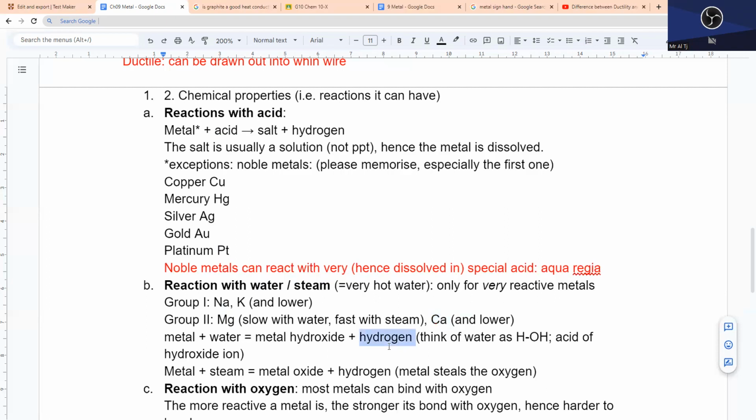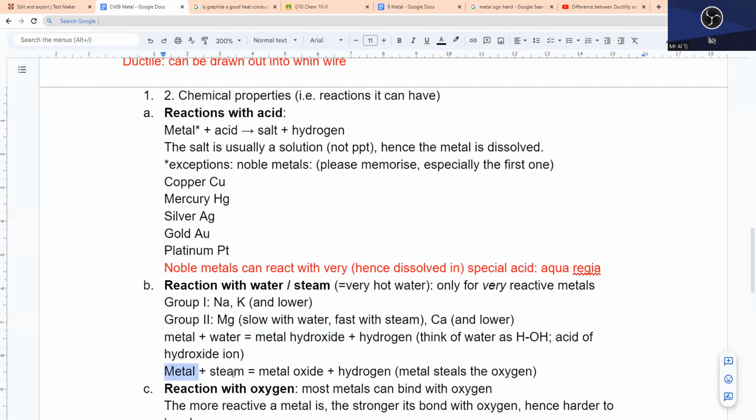Just think of water as being a special acid, with the other part being a hydroxide ion. So when you react metal with water, instead of metal and an ion, which we call a salt, we get metal hydroxides. This, generally, we're going to call a base.